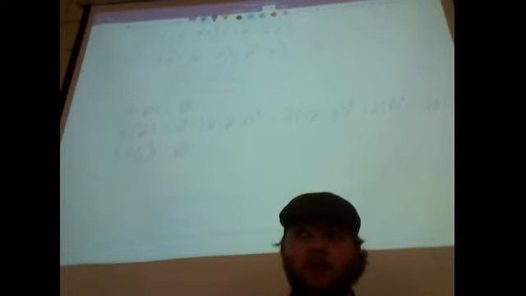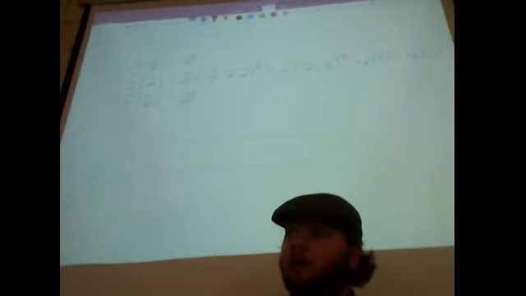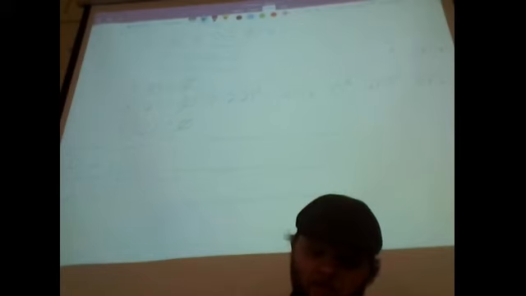It's not undefined. It's 0. So that's why I'm not including it in my setup. But now I have the term 2 minus x, term 6 minus x, and then my total derivative on that range.